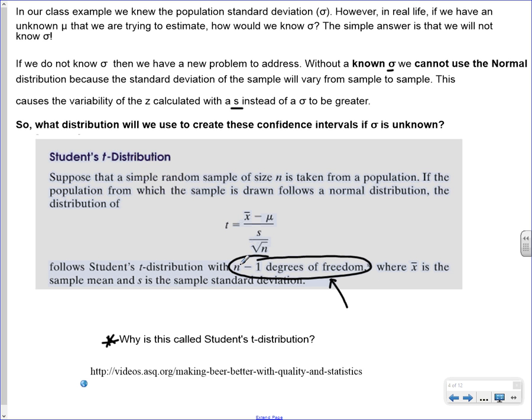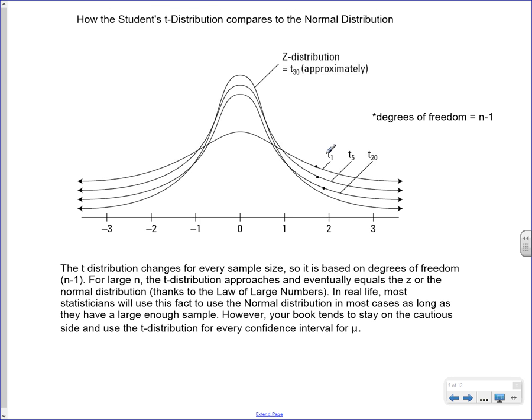The degrees of freedom is just n minus 1, so you take your sample size and subtract 1. So here, a t-distribution of 1 means that you actually have 2 in your sample. This one of 5 has 6 in the sample, 20 has 21, etc. So you see that when you only take 2 at a time in your sample, you've got a lot more variability. So a lot more observations are going to fall out here in the tails.